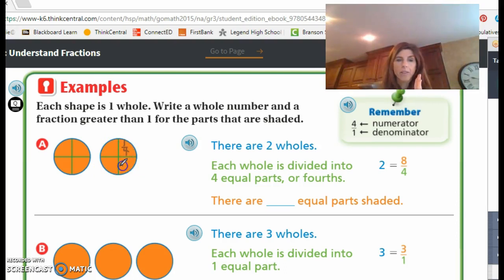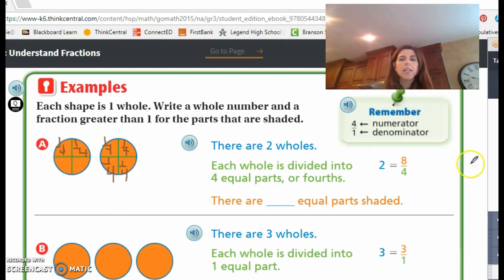This is a fourth, this is a fourth, this is a fourth, and so on. This is also a fourth, and this is a fourth, this is a fourth, and this is a fourth. So two wholes. Each whole is divided into 4 equal parts, so they're divided into fourths.